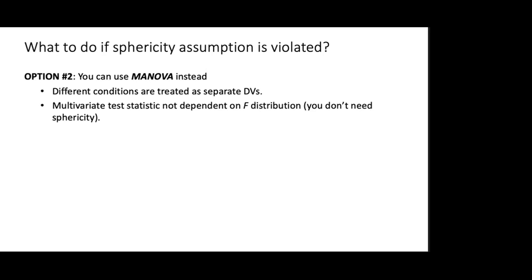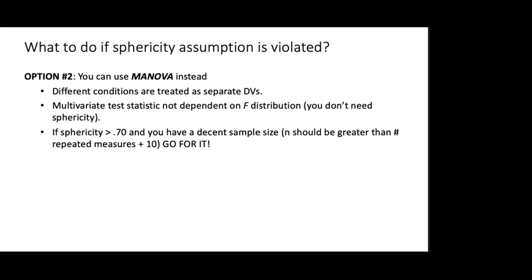In our cake example, the ratings for the lemon cake would be one dependent variable, the ratings for the chocolate cake a second, and the ratings for the strawberry cake the third. The advantage is that multivariate test statistics do not depend on the F distribution, so you don't have to worry about the sphericity assumption. If you have a sufficiently large sample size, it's a good option, and it comes automatically with repeated measures ANOVA in many software packages, for example in SPSS.